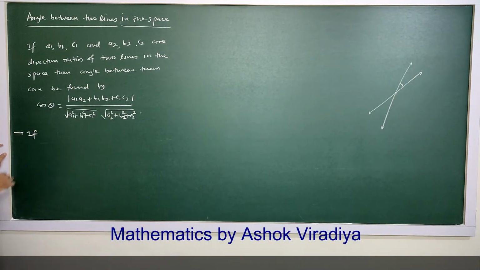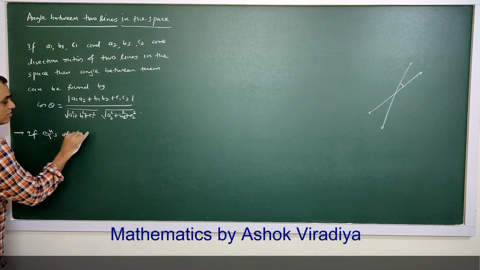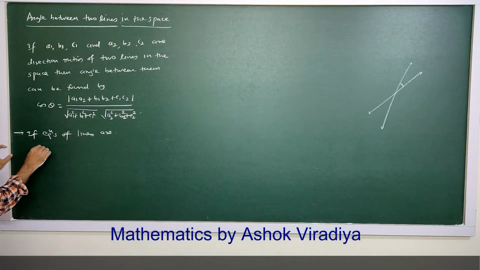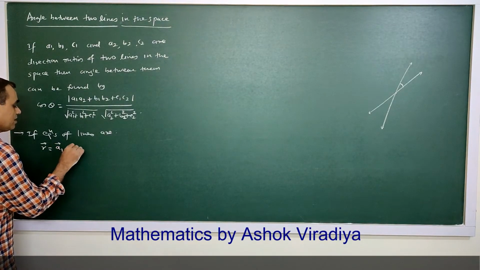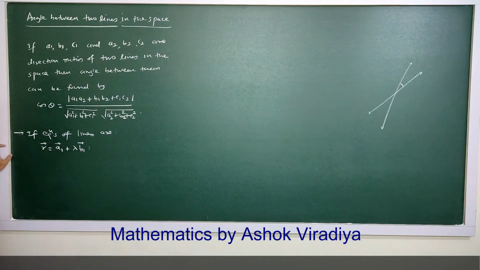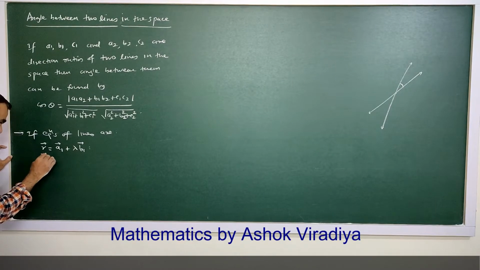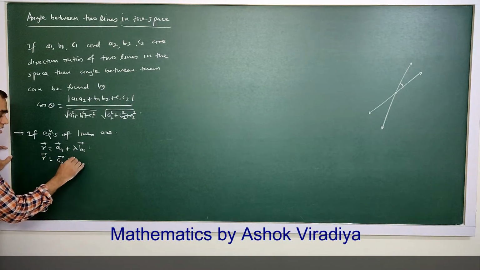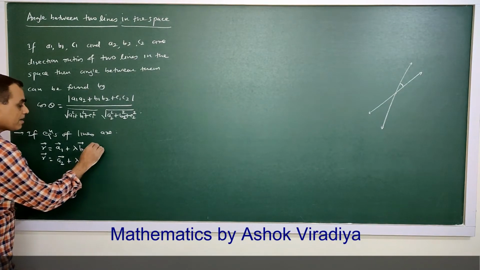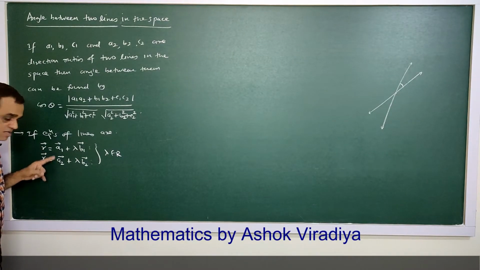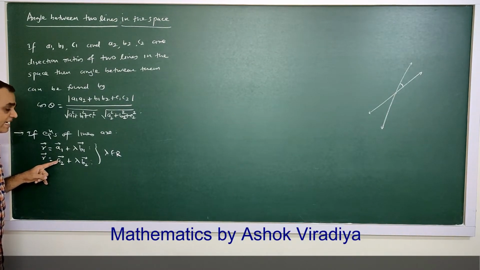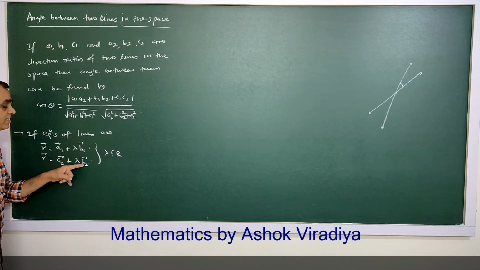If the equations of lines are vector R equal to vector A1 plus lambda times B1, lambda belongs to R, and the second line is vector R equal to A2 plus lambda times B2, lambda belongs to R. Since there are two lines, we differ the position vectors: A1 is the position vector of a point on the first line, A2 is the position vector of a point on the second line. This is the vector parallel to the first line, this is the vector parallel to the second line.